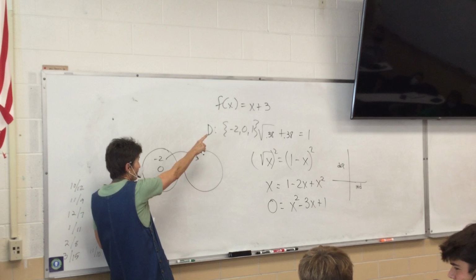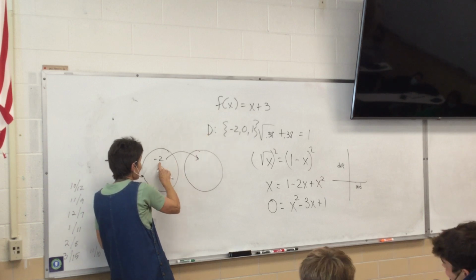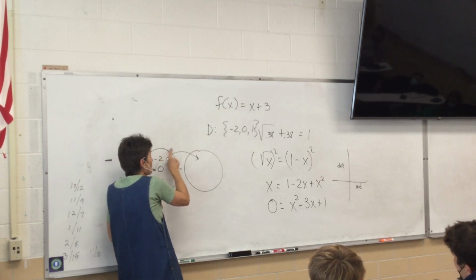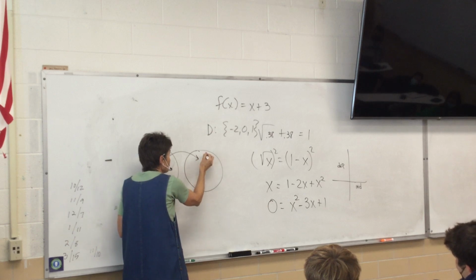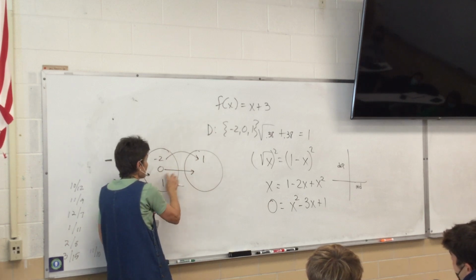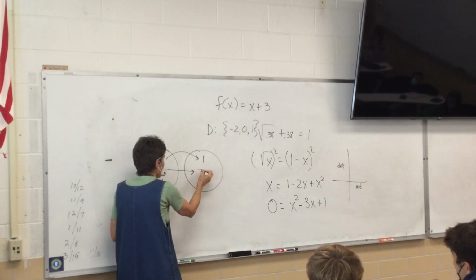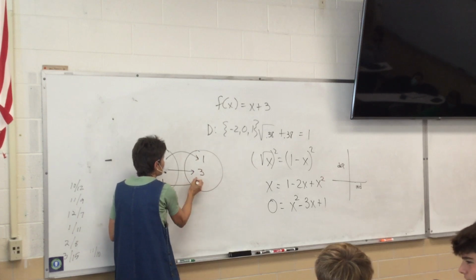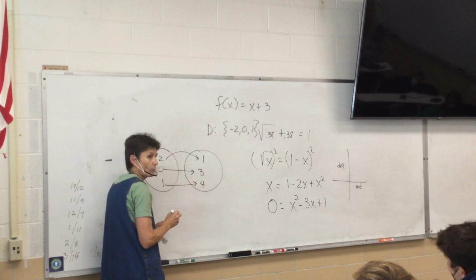So if that's my function rule up there, -2 would get mapped onto 1. And 0 would get mapped onto 3, and 1 would get mapped onto 4.